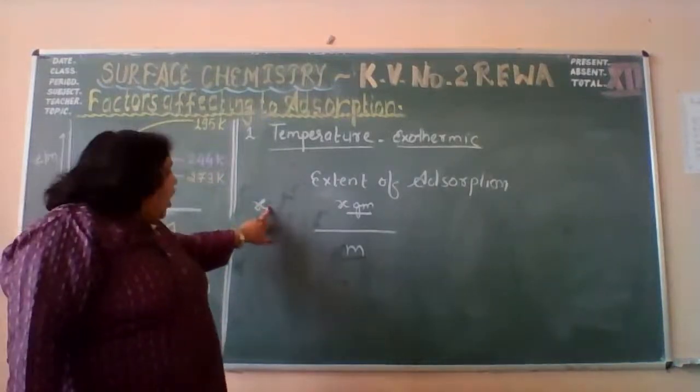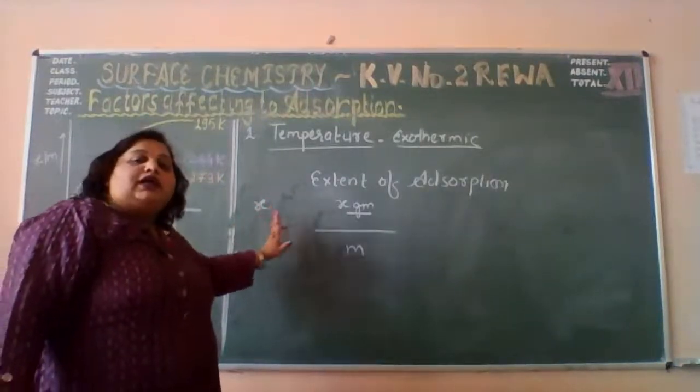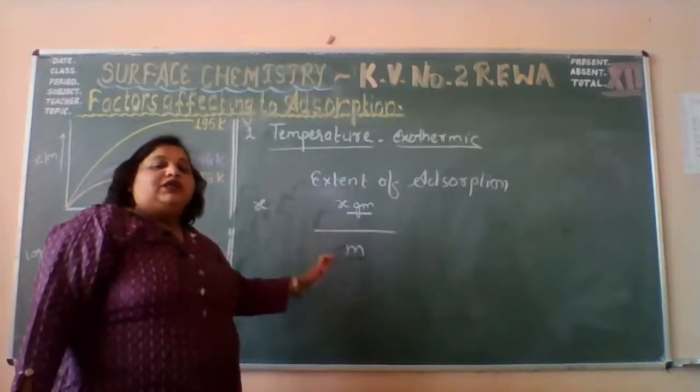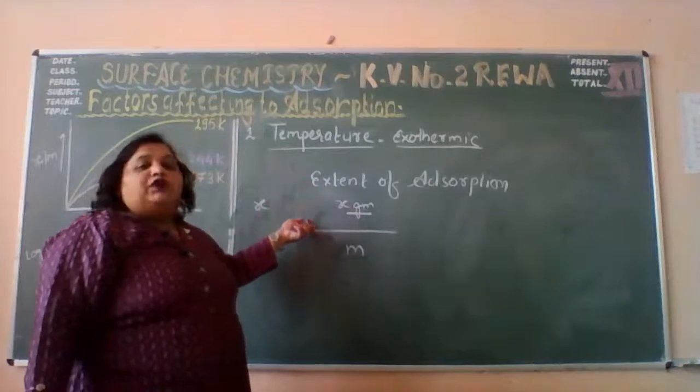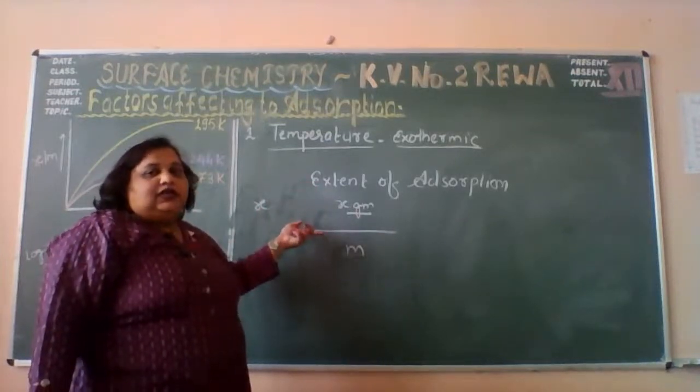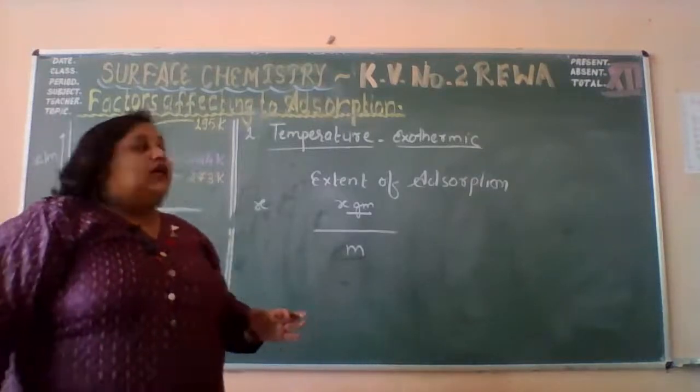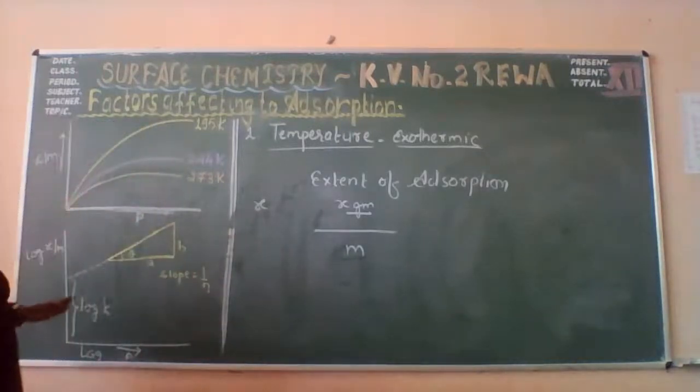So this is how much adsorbate is adsorbed by the unit mass of the adsorbent. This is called the extent of adsorption, and this depends upon the temperature. Here you see the graph.